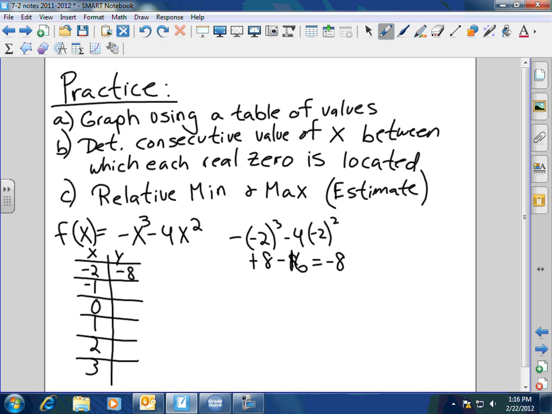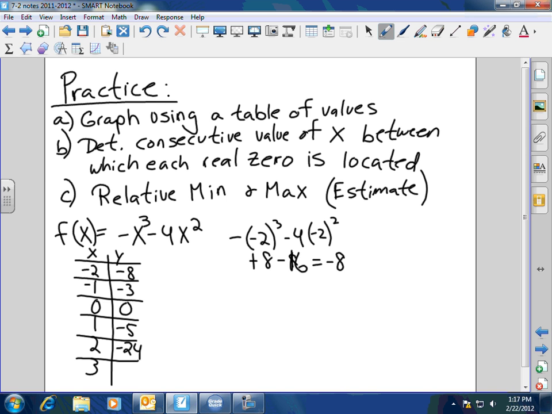Okay. When x is negative 1, what do we got? 1 minus 4 is going to be negative 3. When x is 0, y is 0. When x is 1, that's going to be negative 5. When x is 2, we got negative 8 minus 16, negative 24.